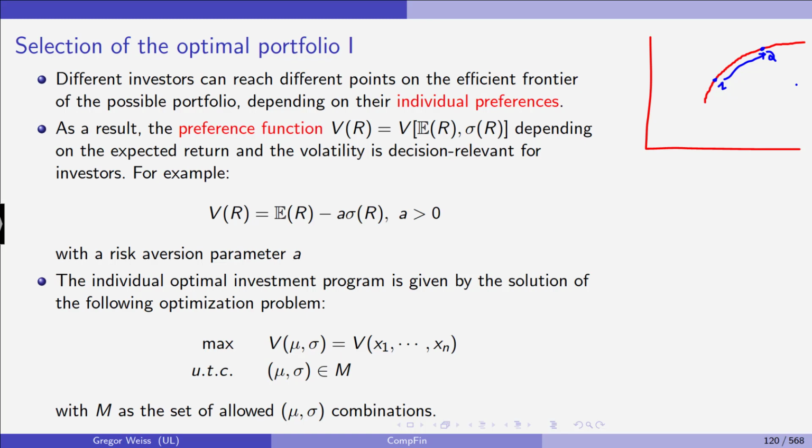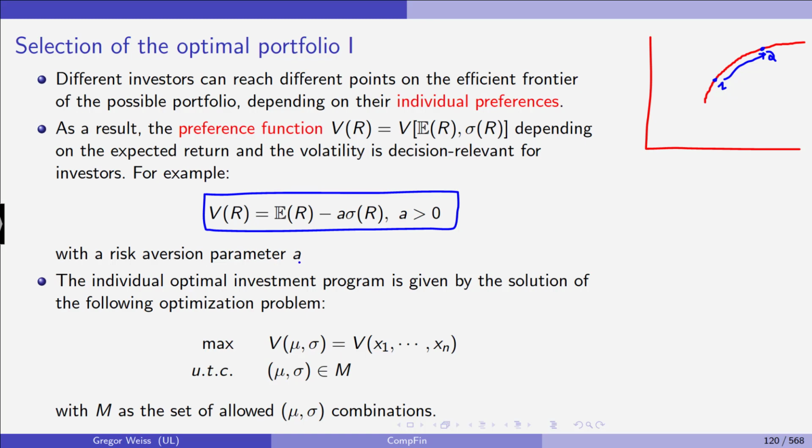So as a result, we have a preference function, which is now called V of R. And this is a function in the mean return and in the volatility, and it depends on those 2 parameters. And this is decision relevant for you as an investor. For example, we could have the following preference function, which is V of R equals the expected return minus A times the volatility, with A being larger than 0.